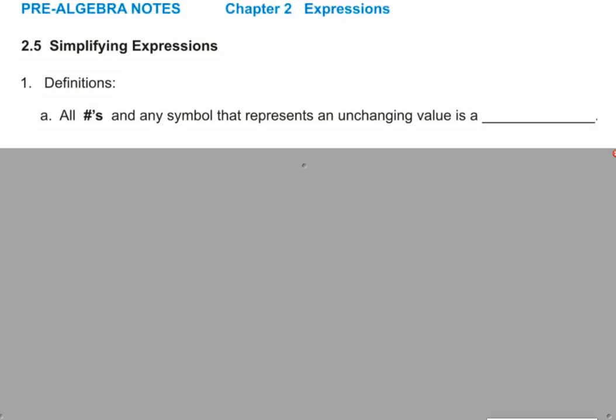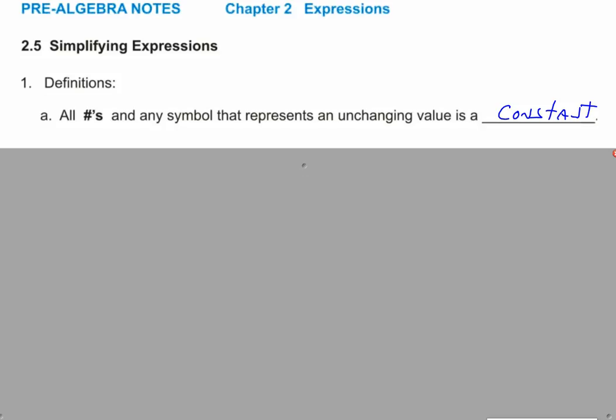Simplifying expressions. So we're going to talk about a couple terms today. A constant is all numbers and any symbol that represents an unchanging value. This is no big deal, but you should know what a constant is. C-O-N-S-T-A-N-T. The number 7 is a constant.